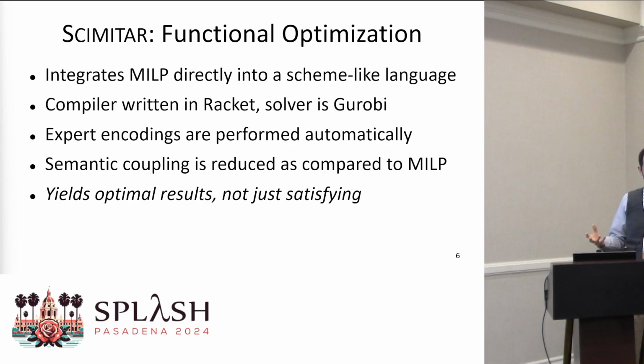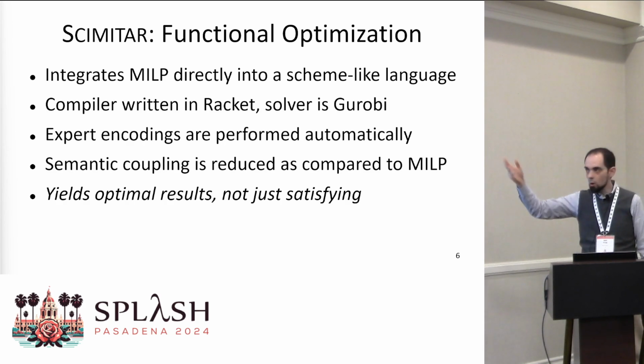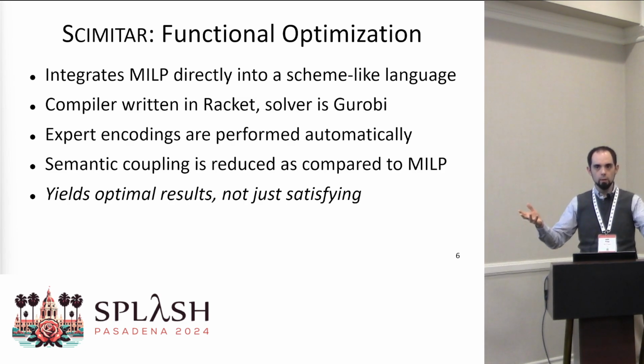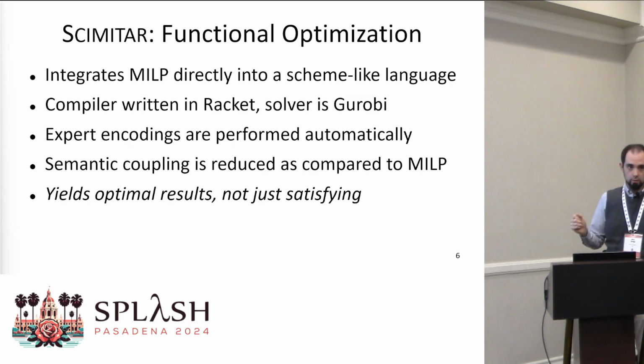We wrote it in Racket. The solver we rely on is Gurobi. And all of these expert encodings we were talking about a moment ago are performed automatically, so you don't need to worry about that. Because of that, the semantic coupling is reduced because you no longer have to worry about this whole program organization, right? And it yields optimal results, not just satisfying.